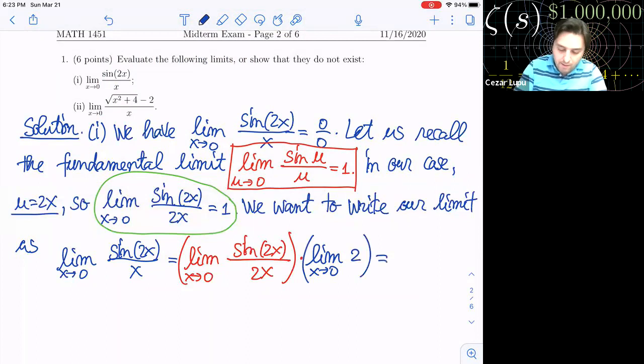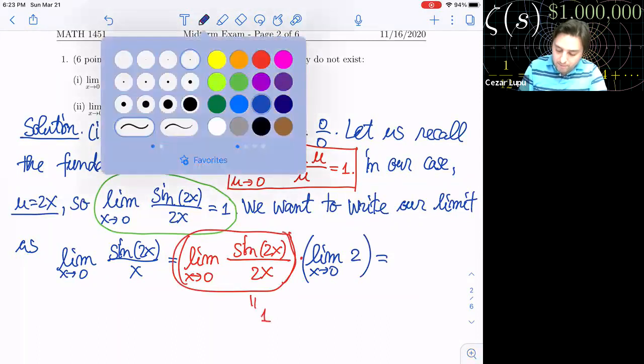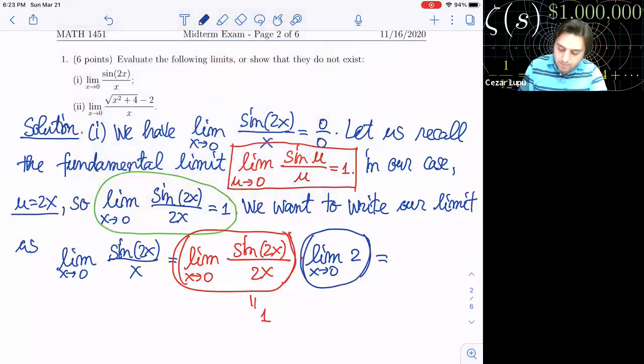This limit here will be 1, so this guy approaches 1. And what is the limit as x approaches 0 of the constant 2? It's 2, correct. So this would be 1 times 2, which is 2, indeed, which somebody said right here.